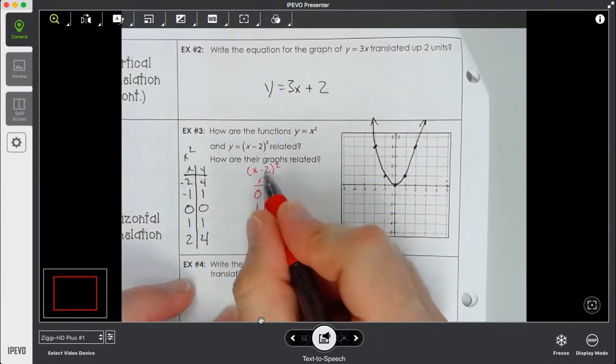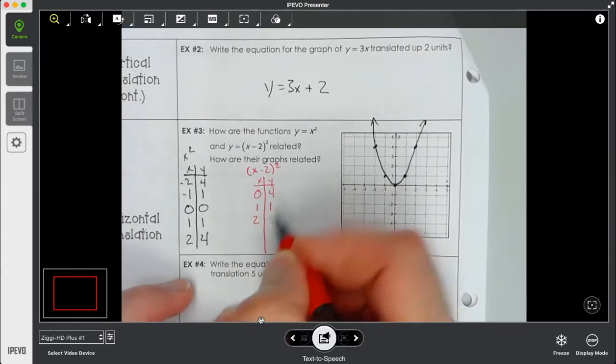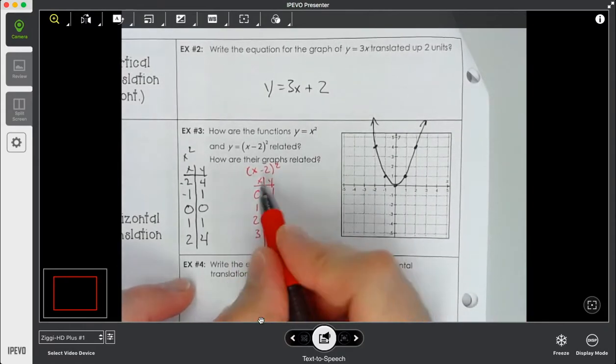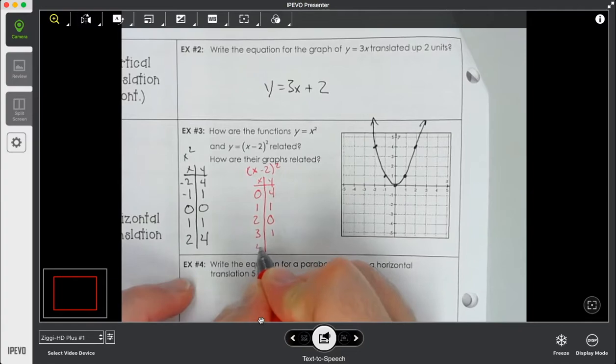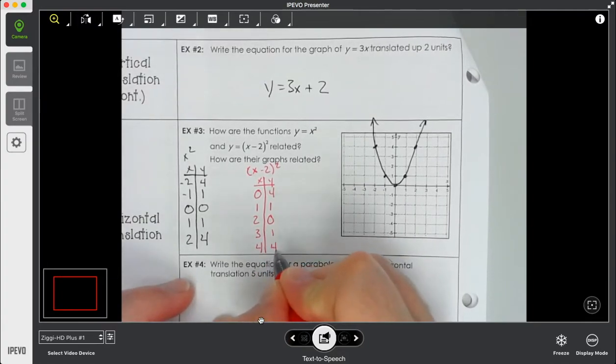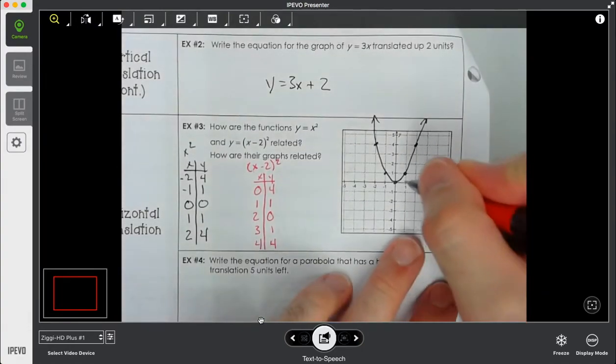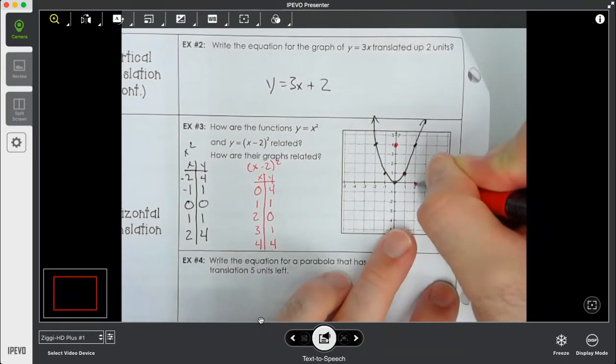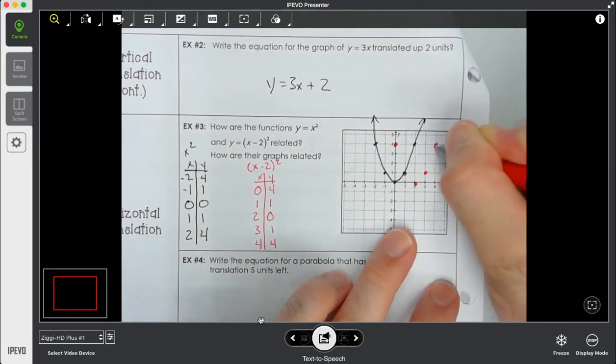If I put in 2, that gives me 0 inside. 2 minus 2 is 0. I square that, I get 0. If I put in 3, 3 minus 2 is 1. 1 squared is 1. If I put in 4, 4 minus 2 is 2. 2 squared is 4. And so I can graph this one. 0, 4, 1, 1, 2, 0, 3, 1, and 4, 4.